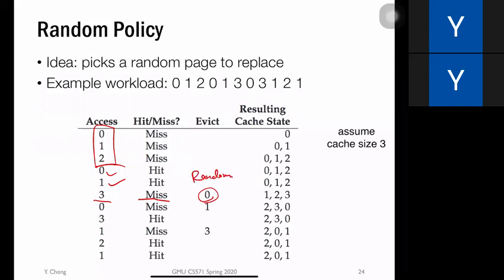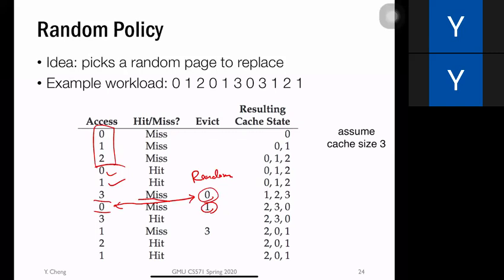And then there's another miss, 0. It tends to be something that you've just evicted, right? Then you evict it again. And then you try to bring it in and evict 1, which is another random decision.